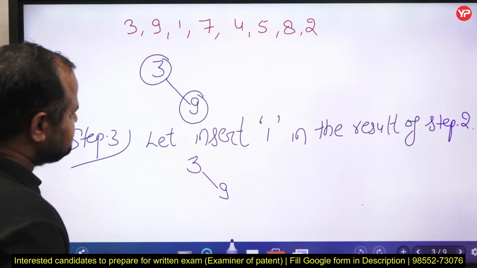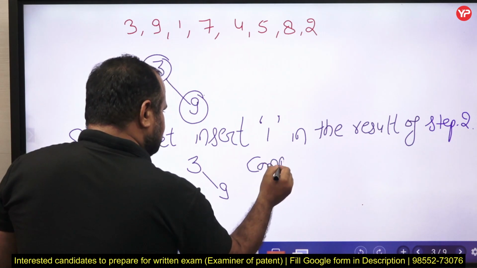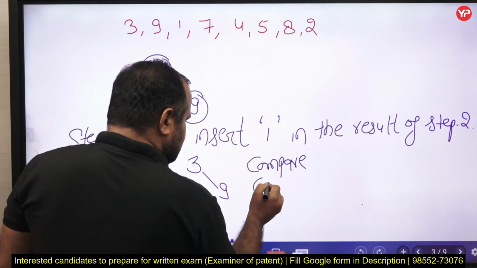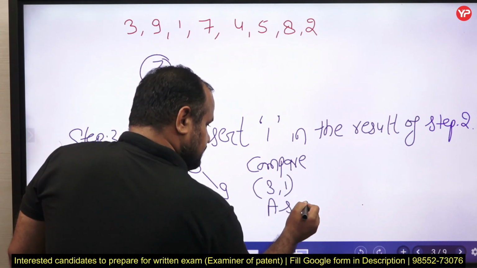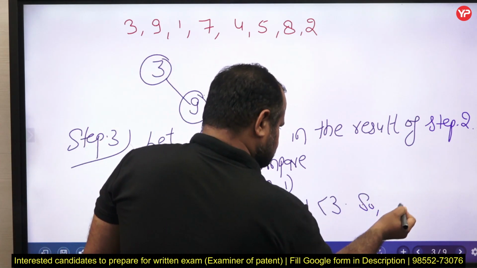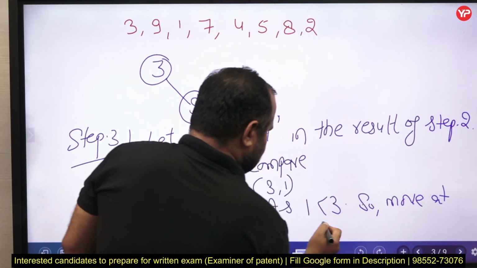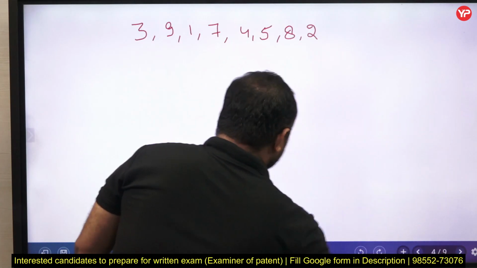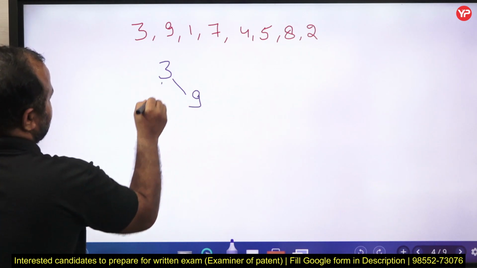Now if I want to insert 1, first of all we have to compare, because insertion or traversal of the tree always starts from the root. Then compare 3 and 1. As 1 is less than 3, insert at the left of 3. So the resultant tree is 3, 9 and 1.